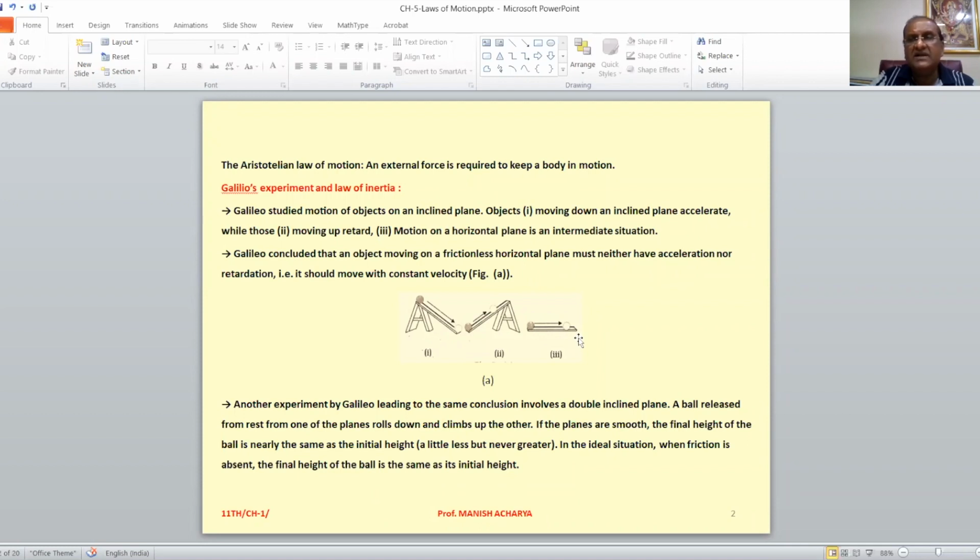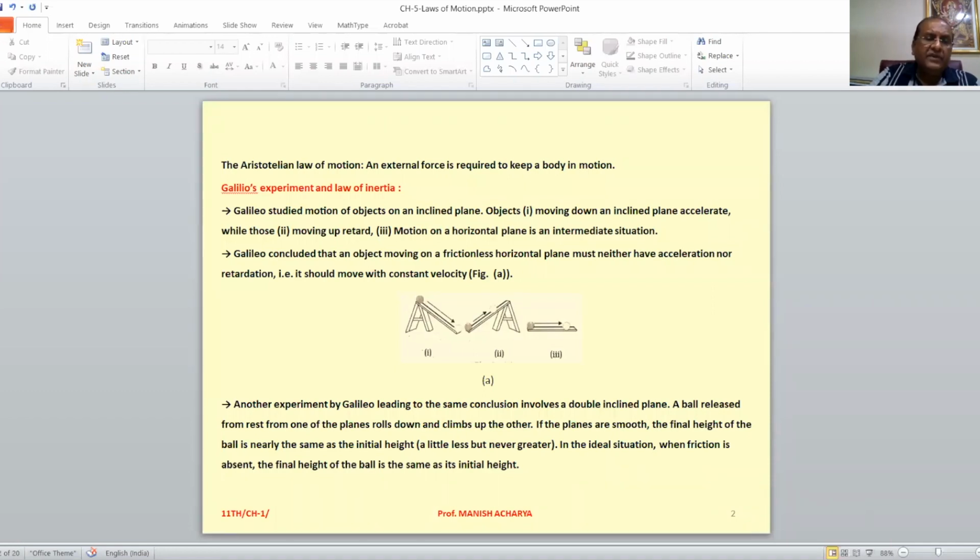That means it should be with constant velocity, because as it moves downward, velocity is increasing. At the bottom it is maximum, and then on the plane surface we can treat that maximum as a constant, and then on the other side when it is moving upward, it is decreasing. Clear?